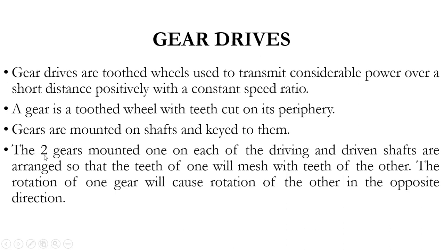And then the two gears, one each mounted on the driving and driven shaft, are arranged so that the teeth of one will mesh with the teeth of the other. That is, one gear will be mounted on the driving shaft and one gear on the driven shaft, and those two gears will be arranged in such a way that the teeth of one gear will mesh with the teeth of the other gear.